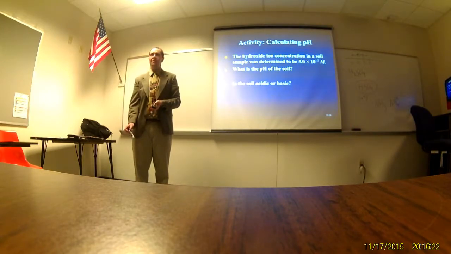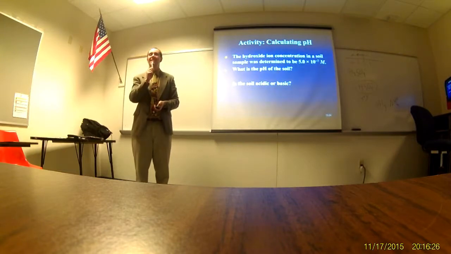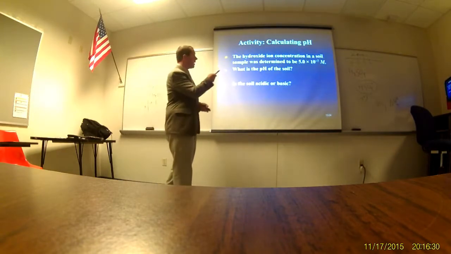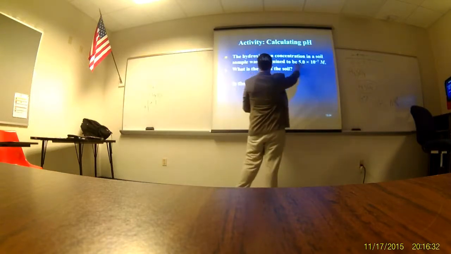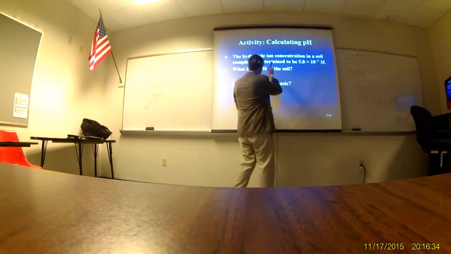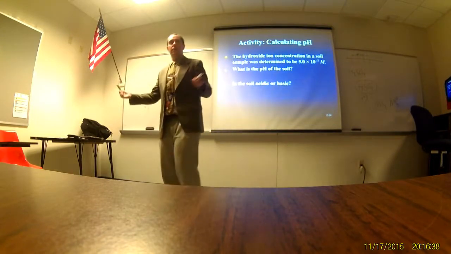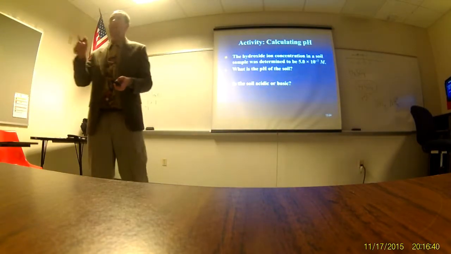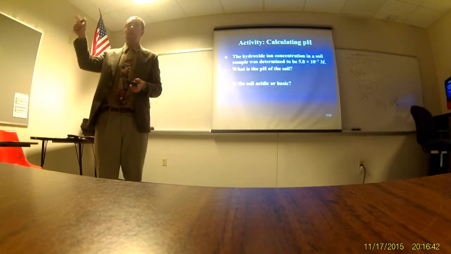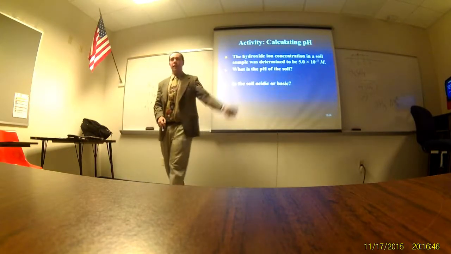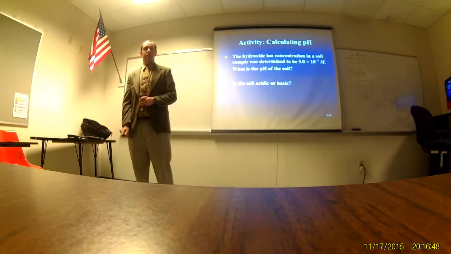We're given hydroxide ion concentration, and it's asking for the pH. How do you do that? You have to figure out the H3O plus from this, and then you can calculate the pH.